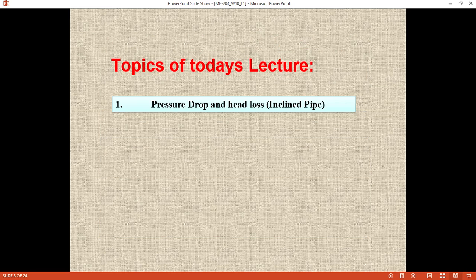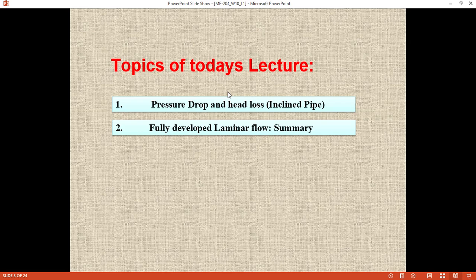Pressure drop and head loss for the inclined pipe we are going to cover today. Pressure drop and head loss in the straight pipe we have already derived in the previous lecture, and also the fully developed laminar flow summary, because these calculations we are doing so far only for laminar flow.